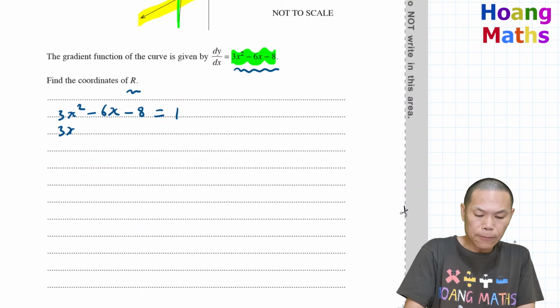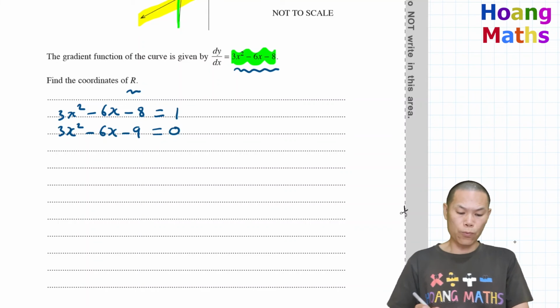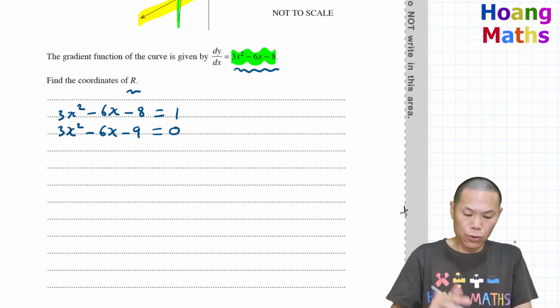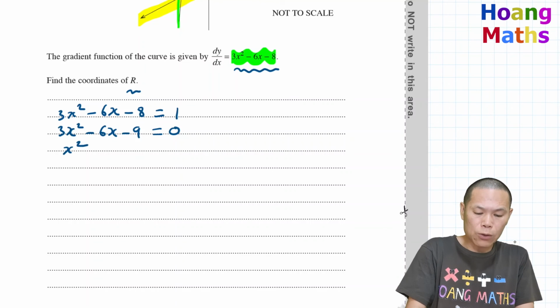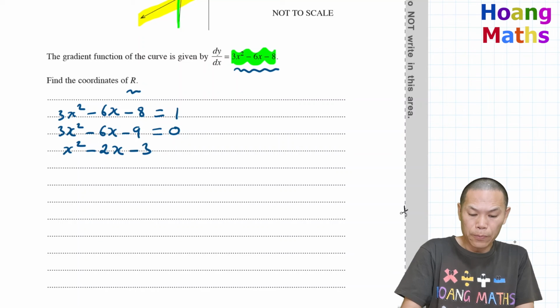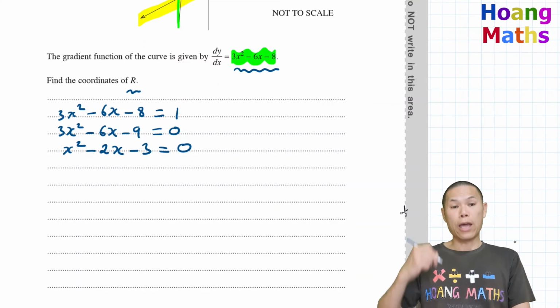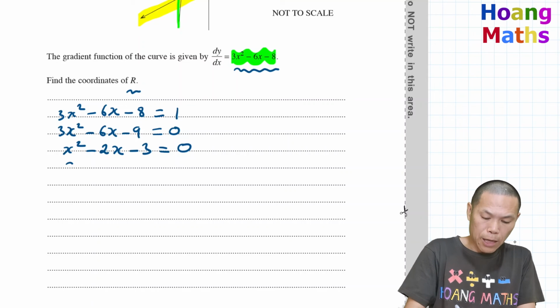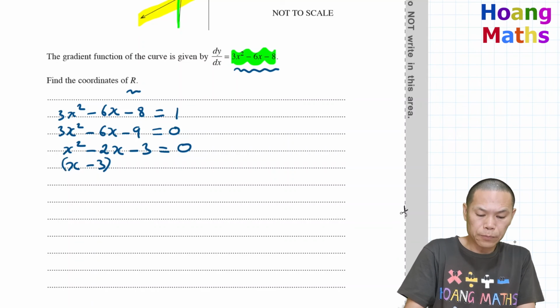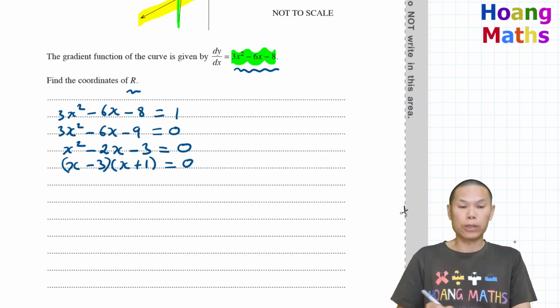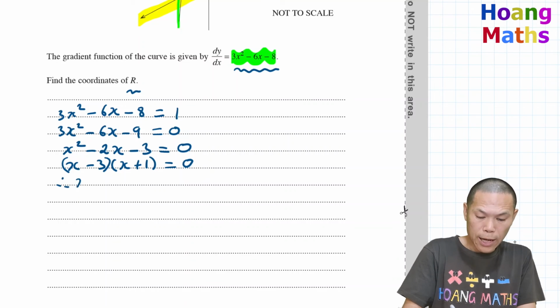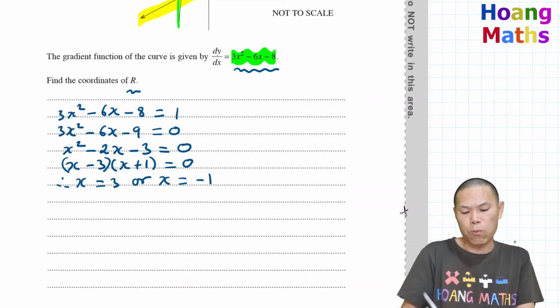So 3x squared minus 6x minus 9 is 0. If I divide by 3 on every term, that gives me x squared minus 2x minus 3 is 0. And I factorize this, so that becomes x minus 3, x plus 1 is 0. So therefore, x is 3 or x is -1.